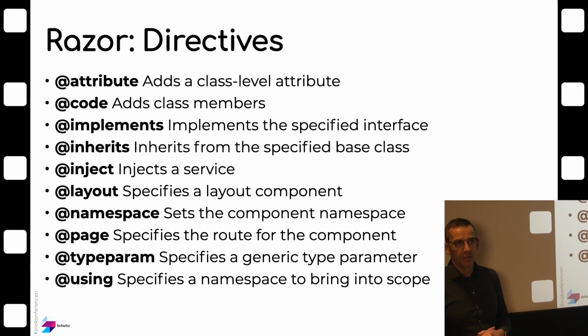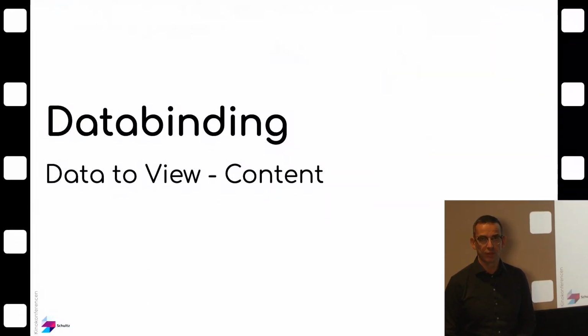That's not the case with Razor. Razor has a lot of special keywords. For example, @code is one to have a code block, but there are more things. We are defining components, and the components might need to inherit something or implement an interface or work with dependency injection. So there are more reserved words in Razor than in JSX.